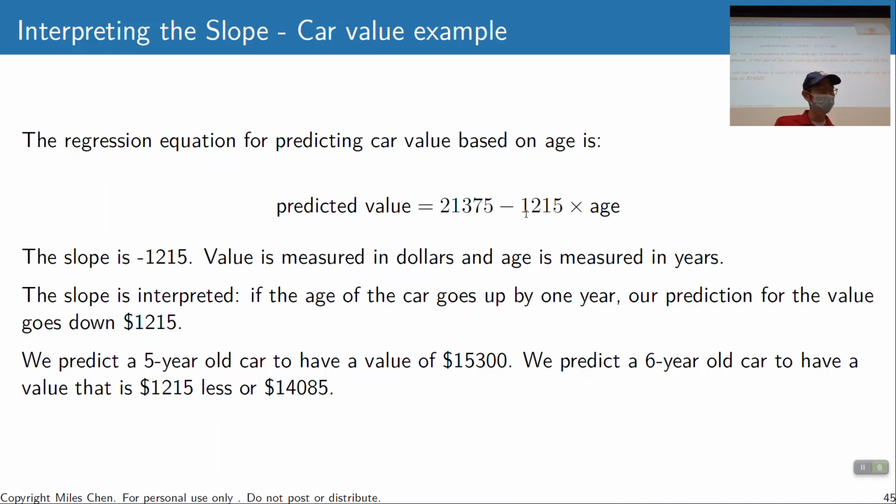So if we have a 5-year-old car and we predict it to be 15,300, then another car that's 1 year older, 6 years old, we would predict to be 1,215 less, so around 14,085. And that's what this slope means. So it's how much your prediction for y changes if x goes up by 1.